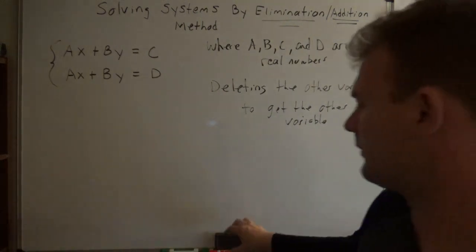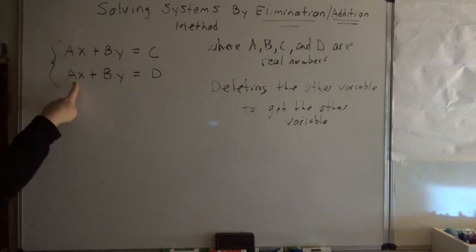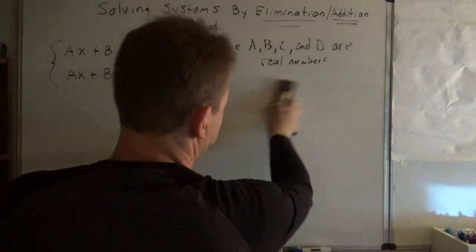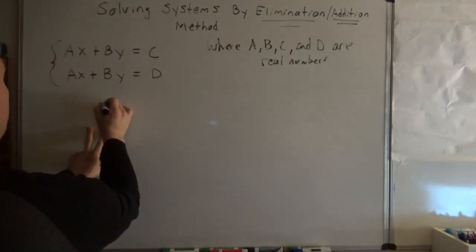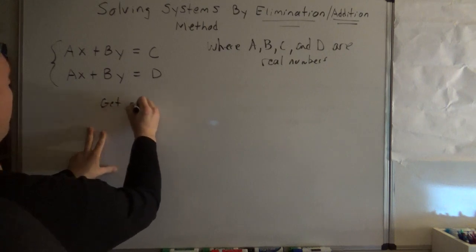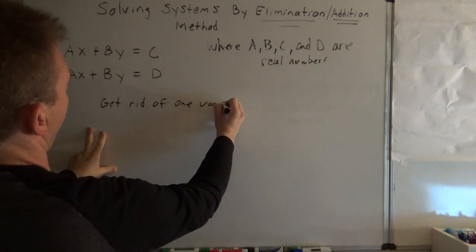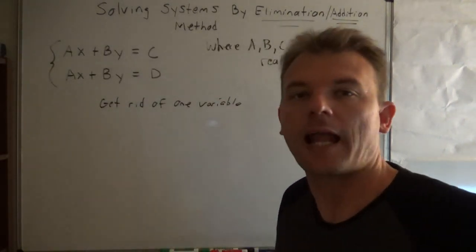Okay, so we have our two equations, one and two. The whole idea is to get rid of one variable, so we want to cancel it out.